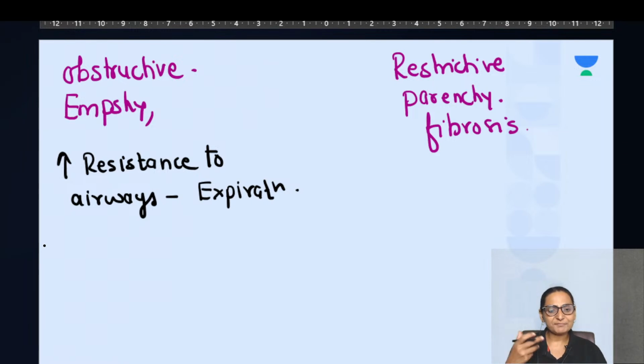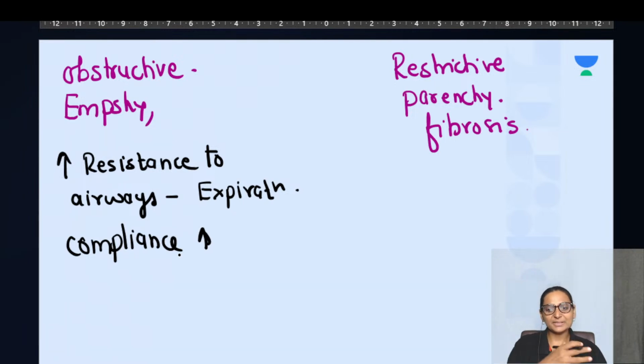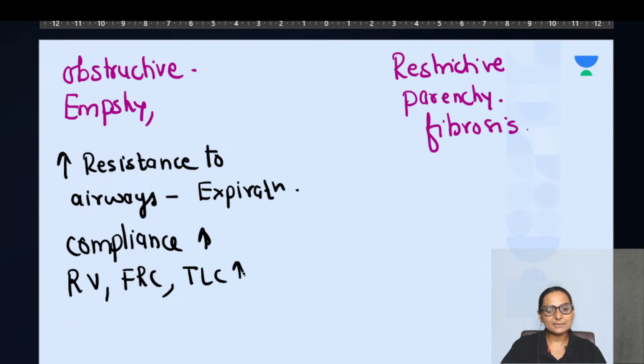Over a period of time, the person is not able to expire out the complete air, and the compliance increases because of the increase in the extensibility and expansion of the lungs, and the residual volume, the FRC and the TLC keep on increasing.